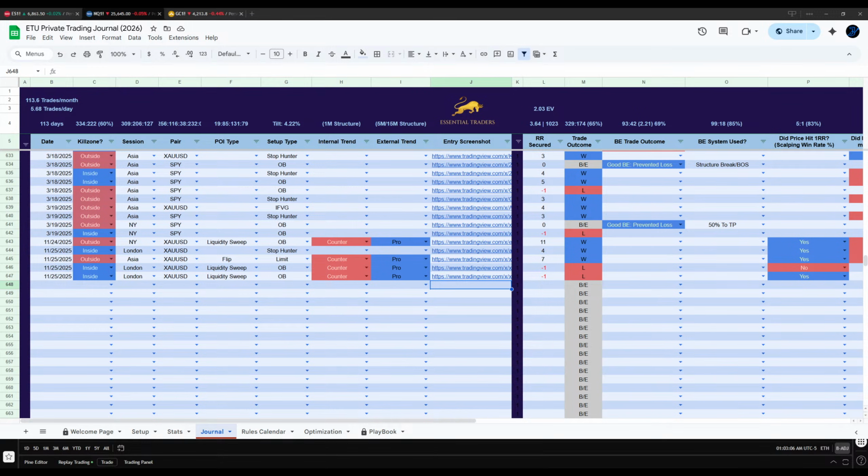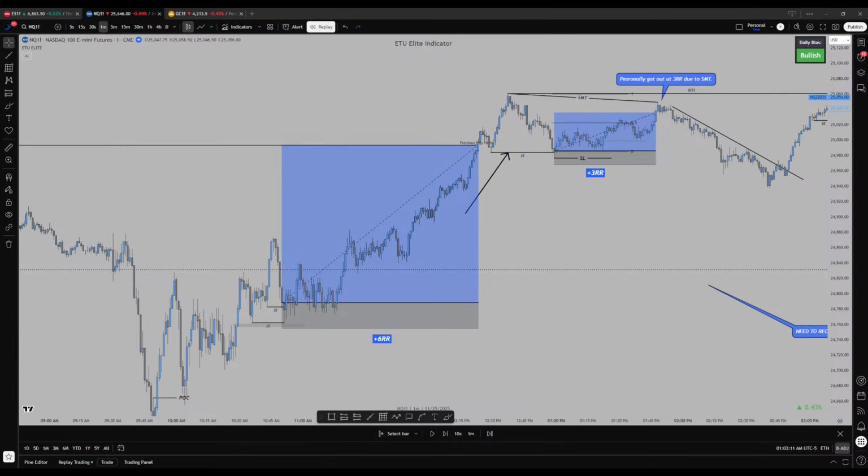Copy clipboard. And I just realized my TradingView is not showing. These are the trades, by the way, I'm putting in right now. 6 and 3. The stop hunter setup.